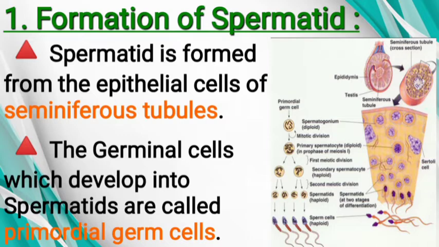Next, the germinal cells which develop into spermatids are called primordial germ cells. See in this picture, the primordial germ cells.